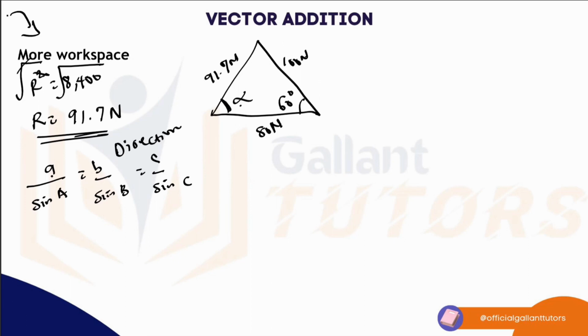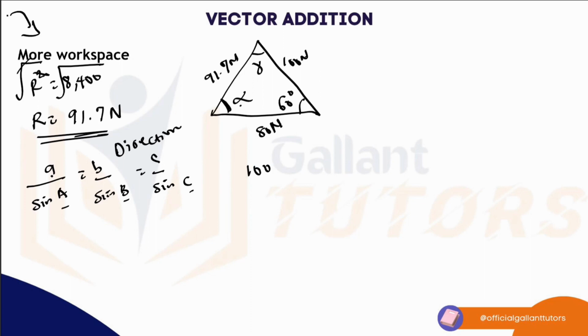This signifies the sides, in this case the forces, and these are the angles. Alright, so let's get to work. So for here I can just say this is gamma.